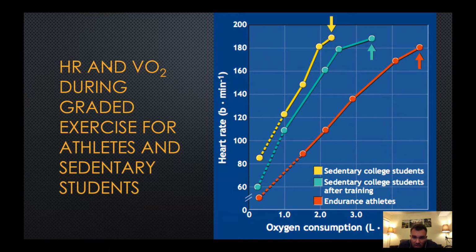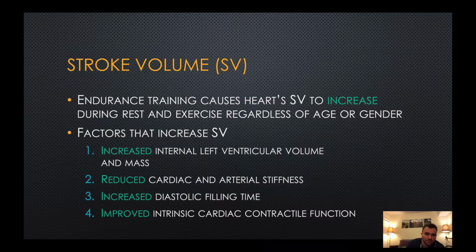So if you look at 160 beats per minute, for the trained subjects in the blue, they were at 2.0 liters per minute in oxygen consumption, whereas for the untrained to be at 160 beats per minute, they were at 1.7 maybe liters per minute. So you see that shift to the right after training in heart rate.